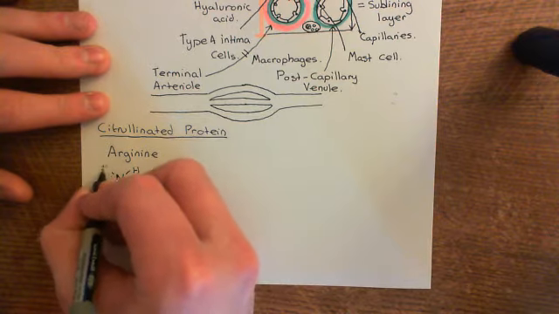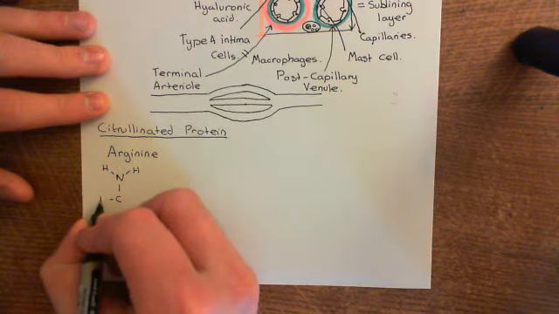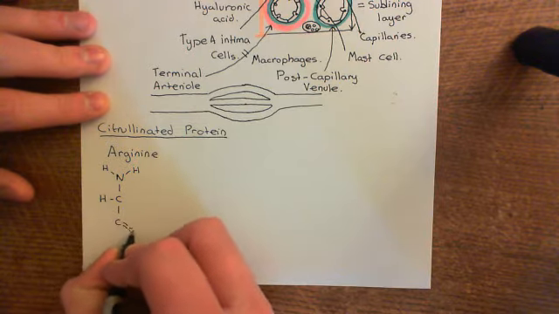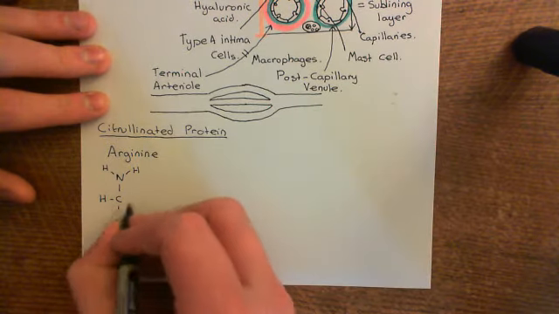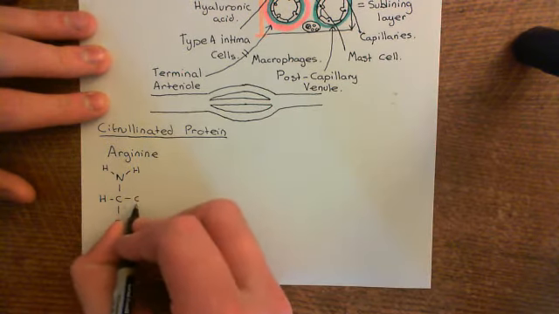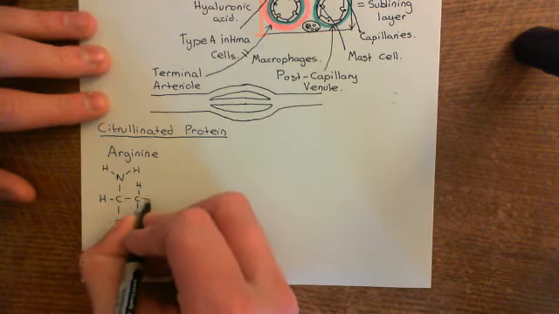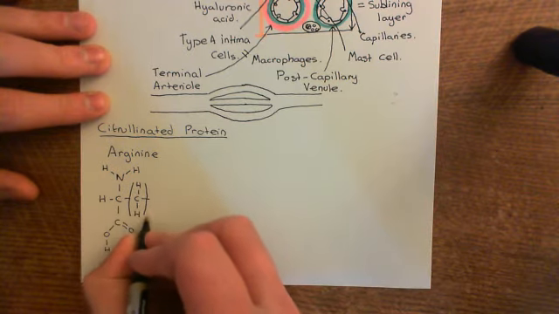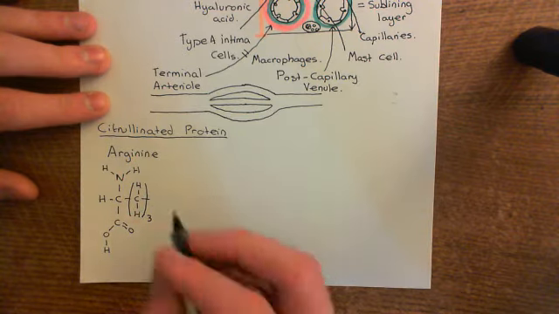We'll start off with the core amino acid structure. So here is the amino terminus. Here's an alpha carbon with a hydrogen coming off it. Here's the carboxylic acid group down here. And then the R group of arginine: you have 3 methylene groups, which are here. So there's 1, and because I'm too lazy to draw 3, I'll just put brackets around and then put a 3 subscripted like that to mean copy this out 3 times.